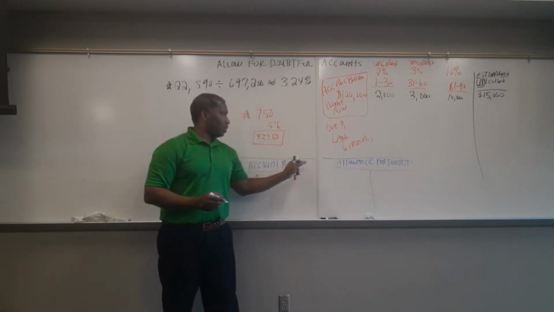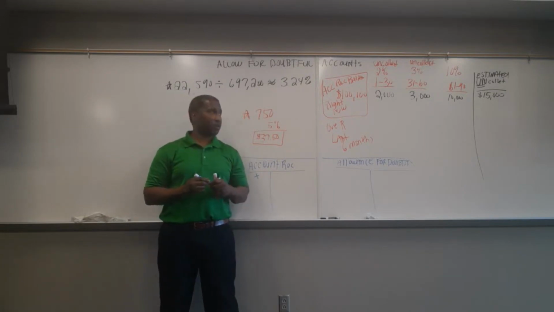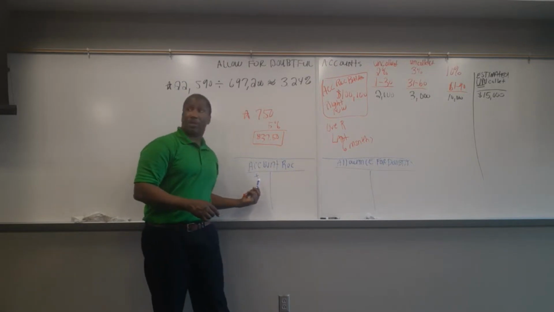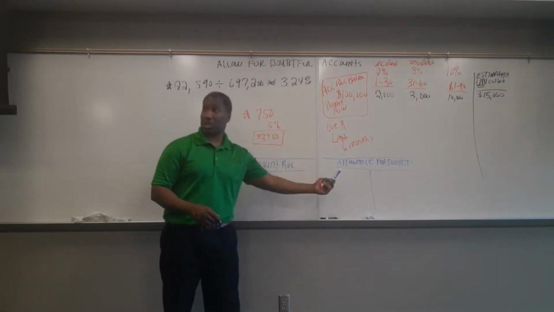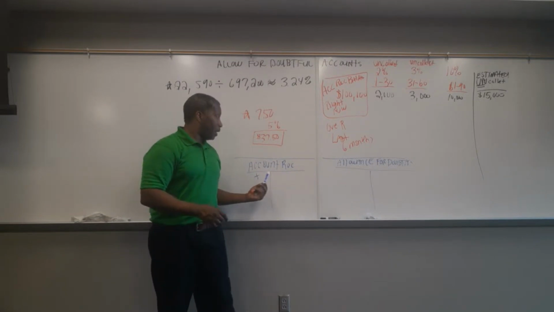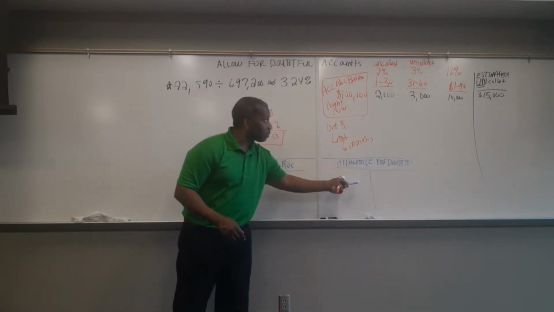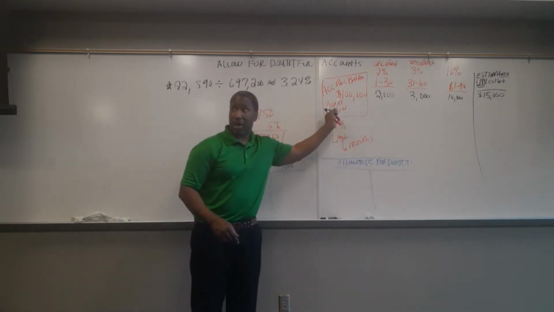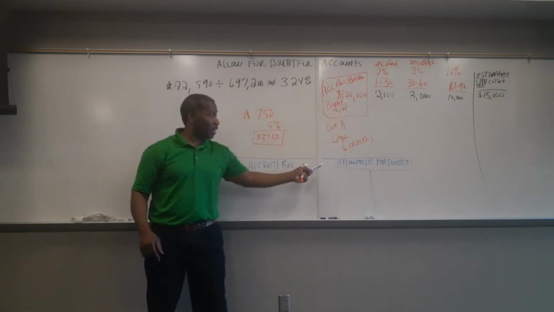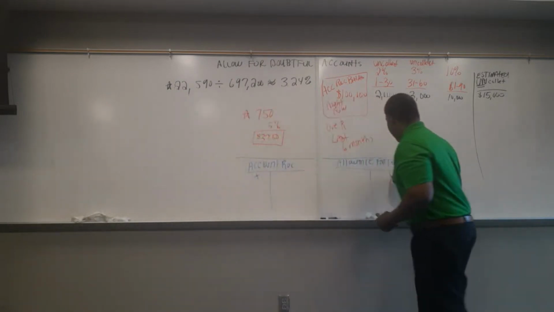What does allowance for doubtful accounts do to this? Does this increase or decrease my accounts receivable? It decreases. Therefore, we will have to do the opposite thing to show the decrease, which means that to show an increase, see I'm increasing my allowance for doubtful accounts, I'll have to credit that right there.